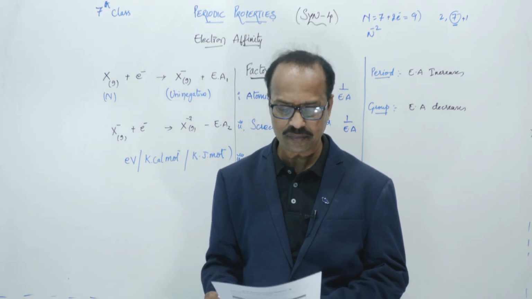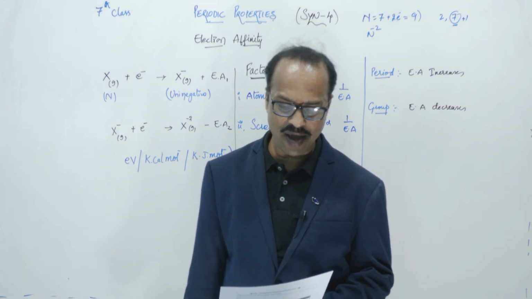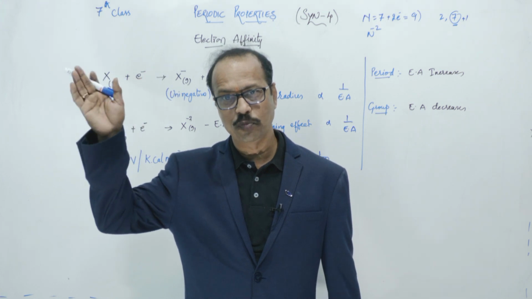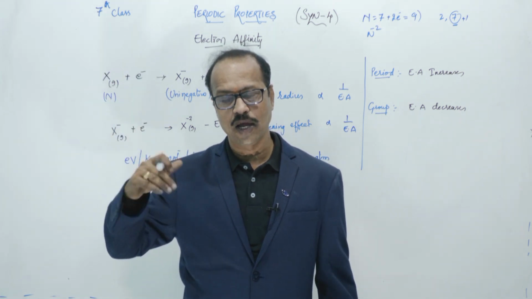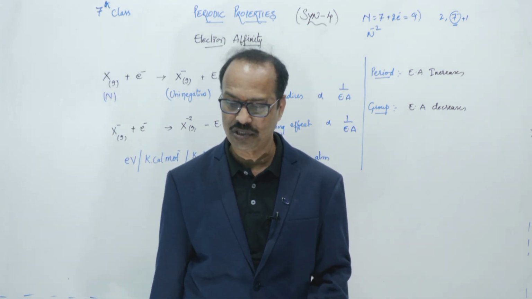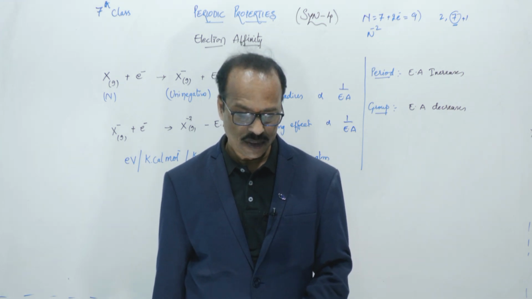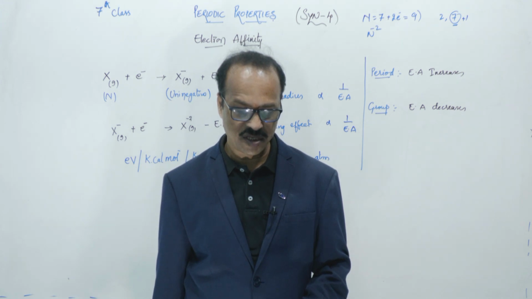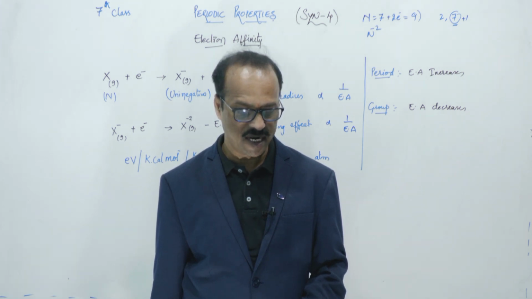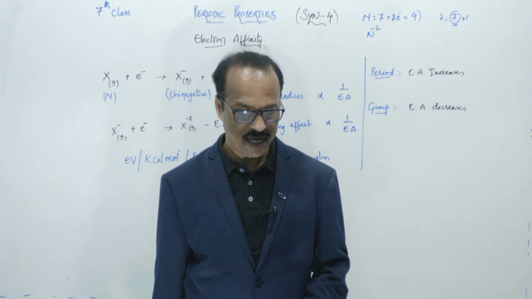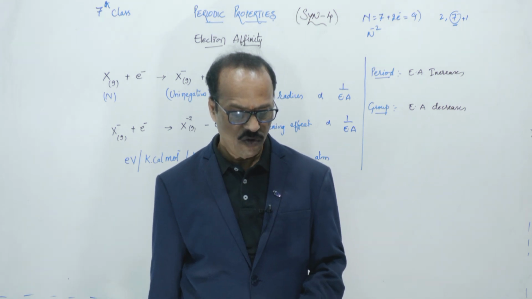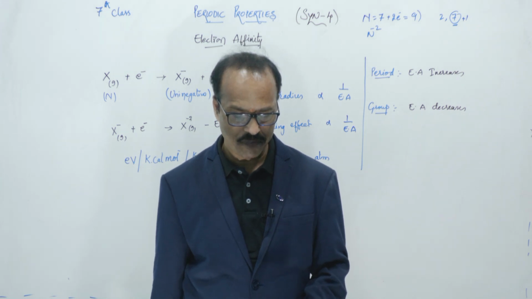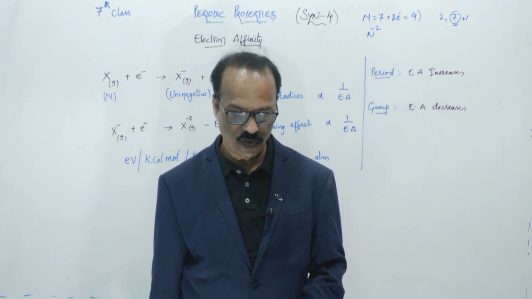Remember this one. Now the electron affinity values of halogens. Halogens means seventh group elements like fluorine, chlorine, bromine, iodine. So here X, Y, Z are respectively minus 349, minus 333, and minus 325. Then X, Y, Z are respectively what?